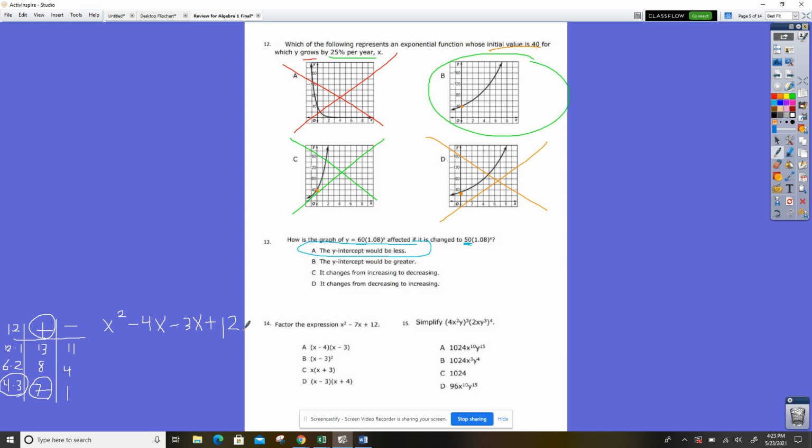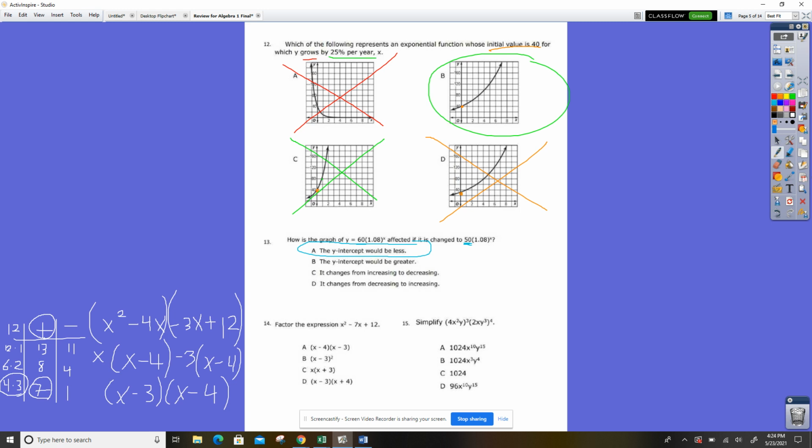Now that I have 4 terms, I can group this. From that first group, I can take out an x, leaving me with x minus 4. From that second group, I can take out negative 3, leaving me with x minus 4 again. Since my 2 groups are the same, I can write my factors. What we took out, x minus 3, and what we had left, x minus 4.